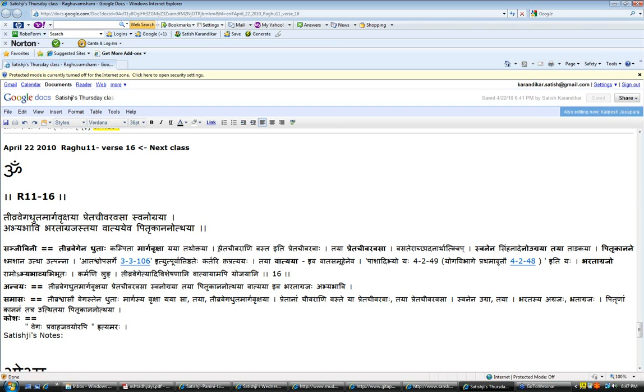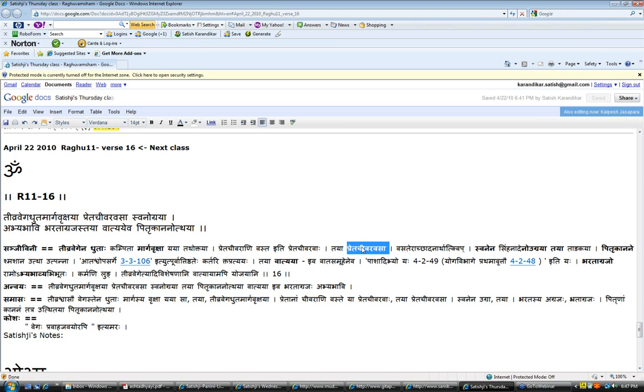Look at the Tika, it says Tivra Vegena Dhutaha Kampitaha Mrugavrikshaha Yayat Thoktaya. So first he's taken that Tivra Vega Dhutamarga Vrikshaya. That's a Bahuvrihi compound. He's taking that, and then he's taking Preta Chivara Vasa.